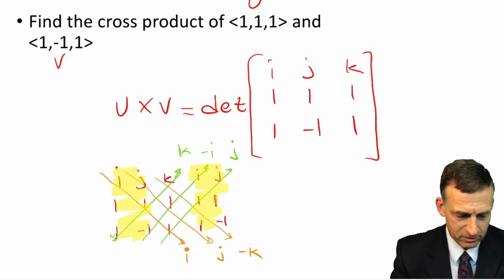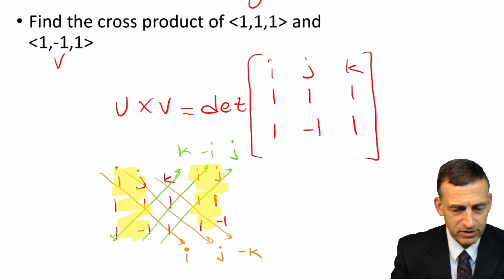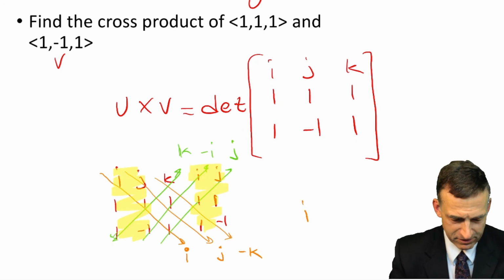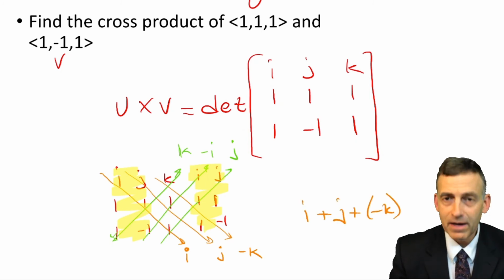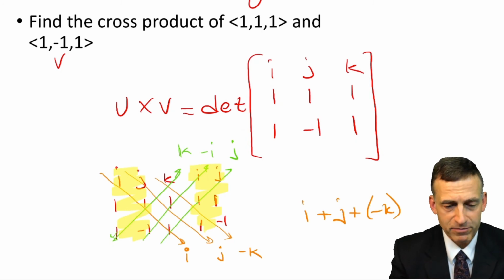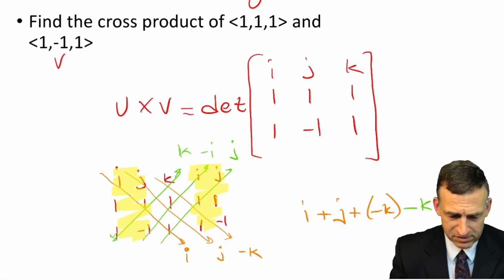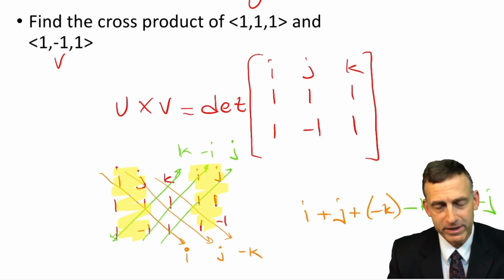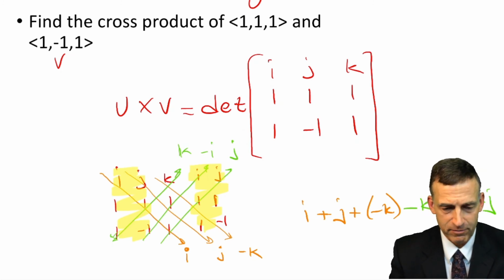Now we'll combine all this stuff. All of the down diagonals we add together, so I have I plus j plus negative k. And then you subtract off the up diagonals: minus k minus negative I minus j. Now we'll do whatever algebra we need to collect like terms, and we'll have our final answer.